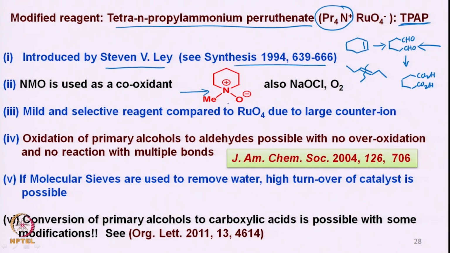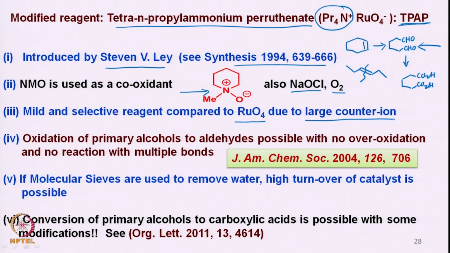This is N-methyl morpholine oxide, but one can also use sodium hypochlorite or oxygen as a co-oxidant. It is obviously a very selective and mild reagent compared to ruthenium tetroxide because of the large counter ion that is present. At the same time, it is a negatively charged perruthenate species, and therefore it has less reactivity compared to ruthenium tetroxide.